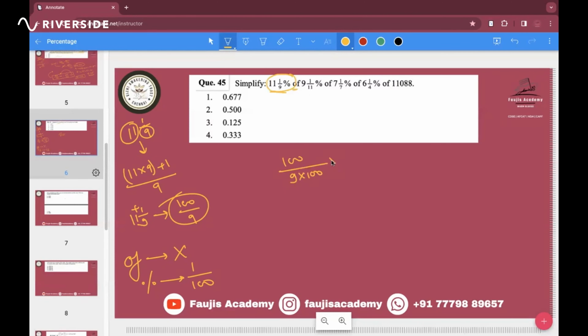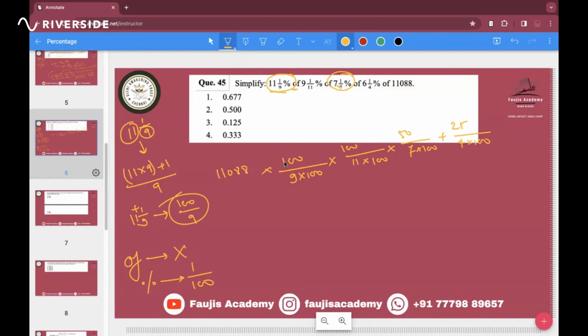Of means into 9 into 11, 99 plus 100 by 11 percentage into 100. 7 into 7, 49 plus 1, 50 by 7 into 100 plus 25 by 4 into 100 into 11088.